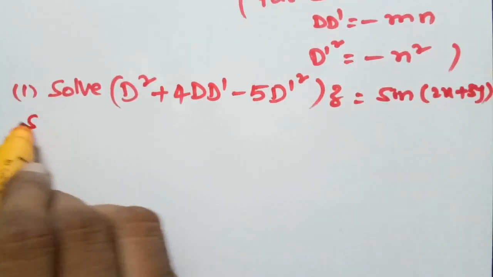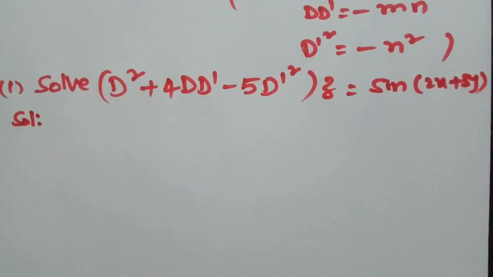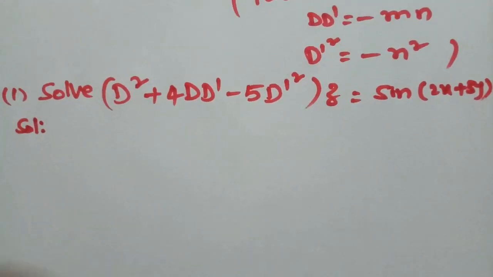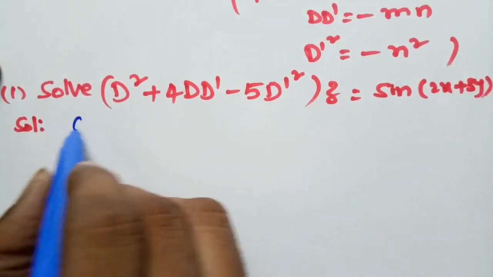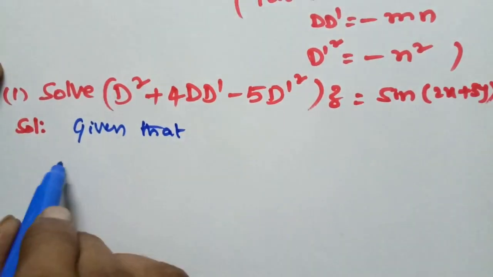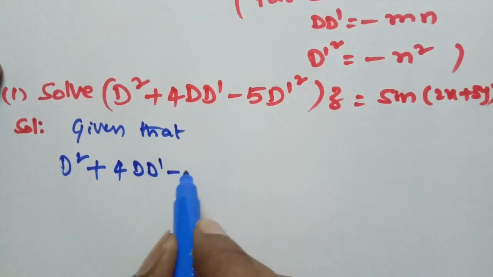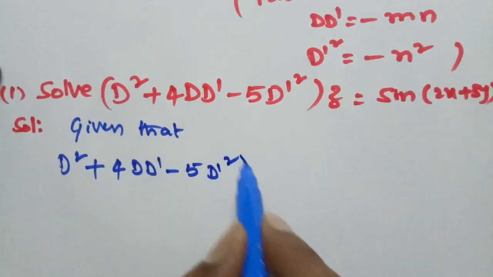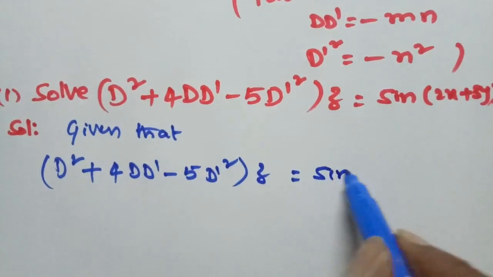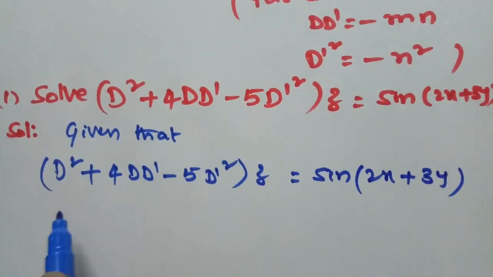First write down the given equation. Given that D square plus 4 D D dash minus 5 D dash square into z is equal to sine of 2x plus 3y.